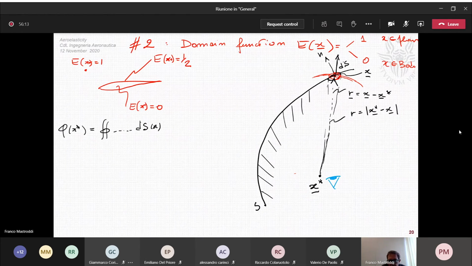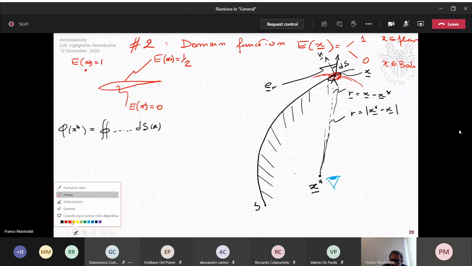This unit vector is the unit vector ER, a unit vector in the R direction. We have an angle between the normal, which is a unit vector as well, and the unit vector ER. And this angle is theta.